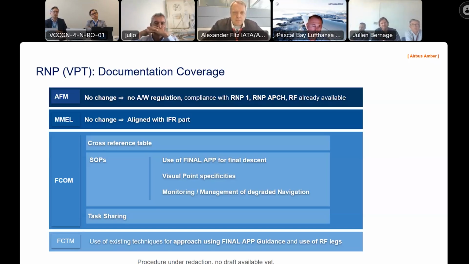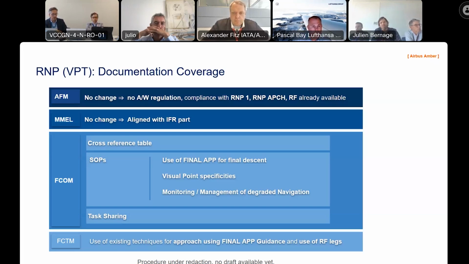In terms of FCOM, we plan to introduce some changes. First, on the cross-reference table that indicates the guidance mode to be used depending on the approach type, we will introduce RNP VPT. Of course, we will work on standard operating procedures with a new SOP chapter.